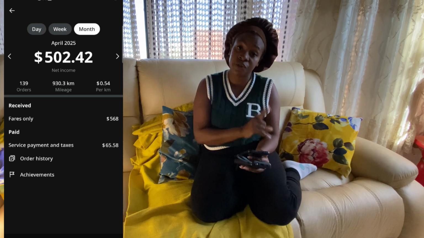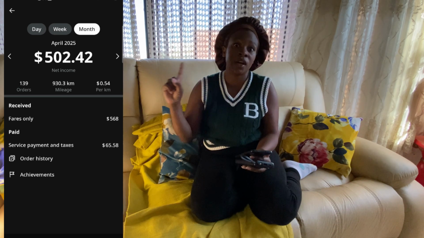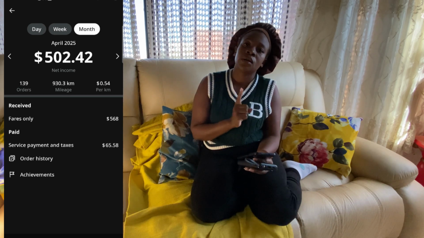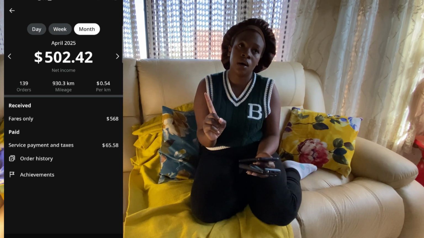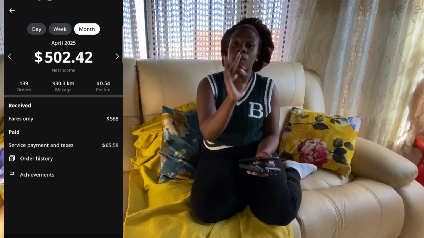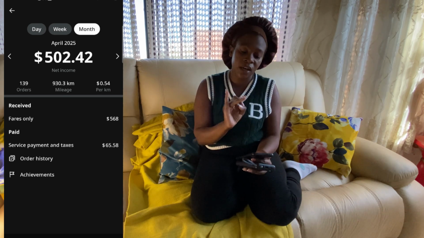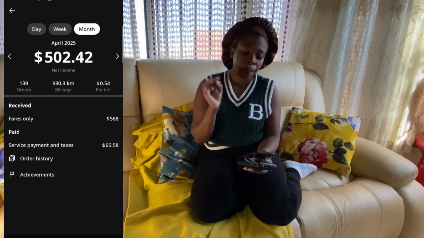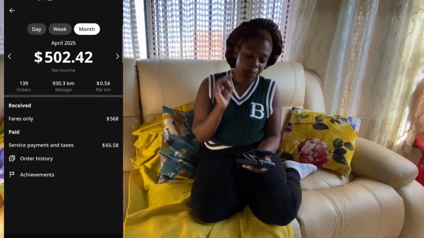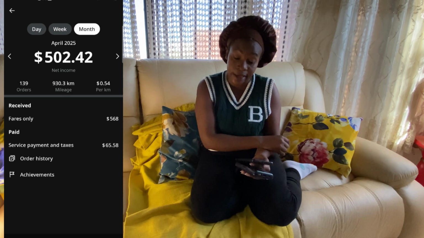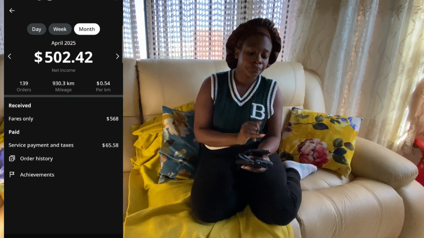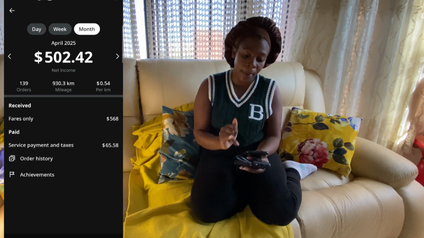It's not including the fuel, it's not including the tickets I've gotten from the police, and it's not including what else? There's fuel. Oh, it's also not including the money that I've recharged on InDrive. So now, before expenses, the money I've earned in April is $568. Let's move to March.